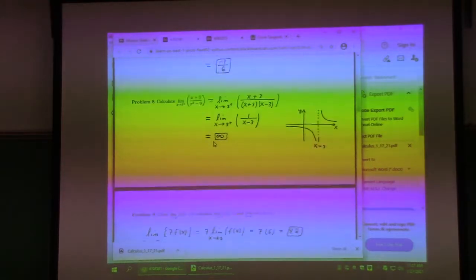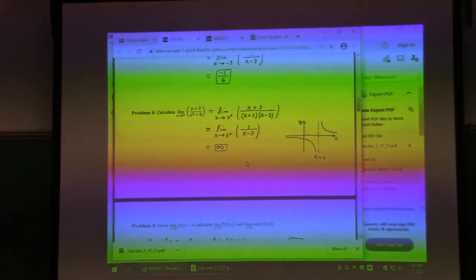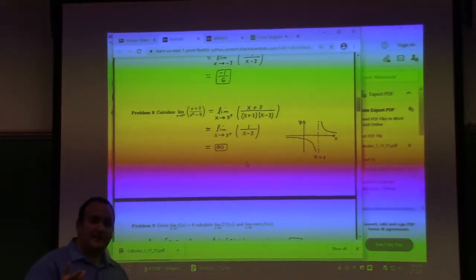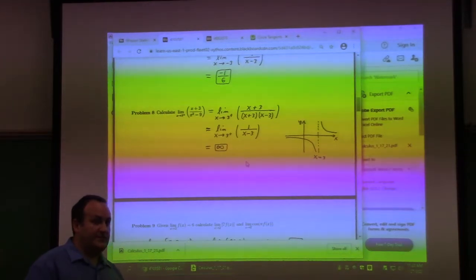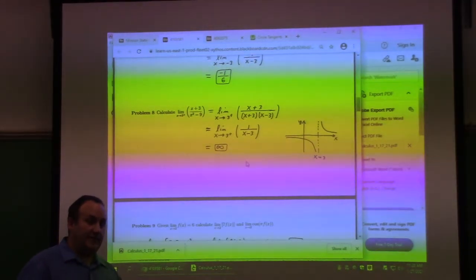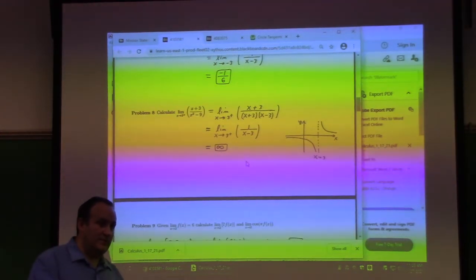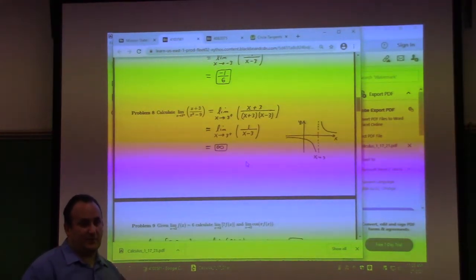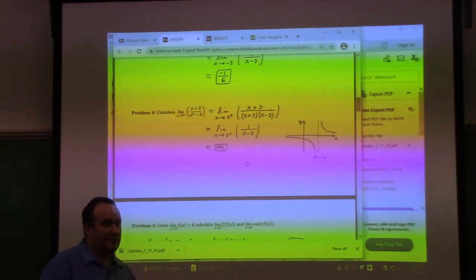But this much I can say: if the numerator has a finite limit, but the denominator has limit 0, it's divergent. Like it does not exist. However, it could be plus infinity, it could be minus infinity, or it could be doesn't exist because it's different from both directions. For a one-sided limit, it's going to be either plus or minus infinity.